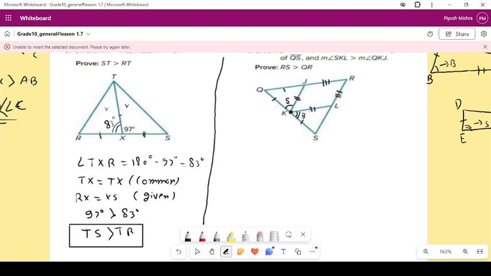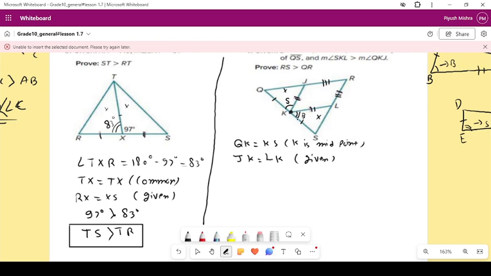Let's start in this triangle and this triangle. It is telling that QK is equal to KS. I just told that K is the midpoint. Second thing, JK is equal to LK. It is given.